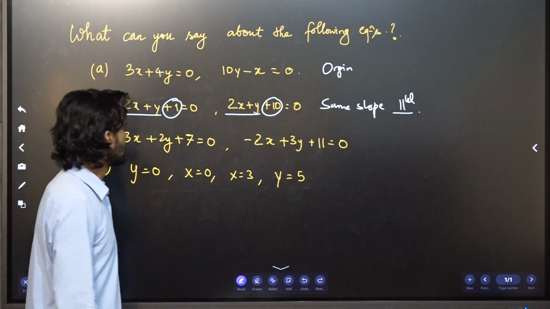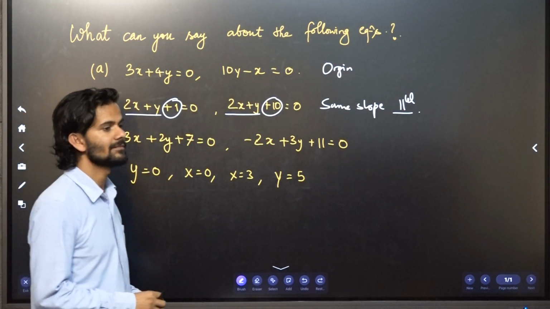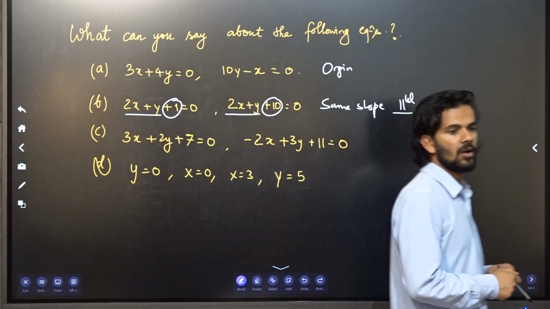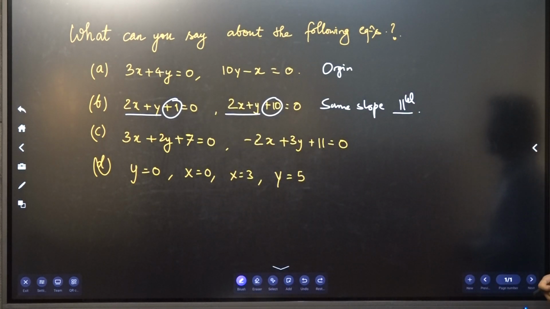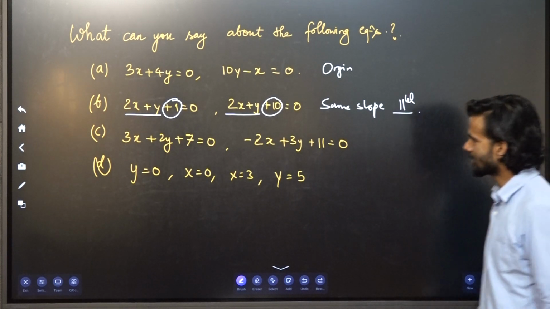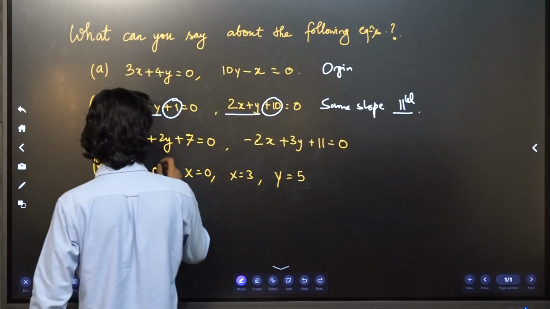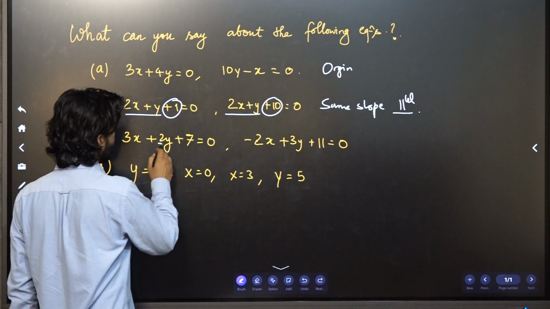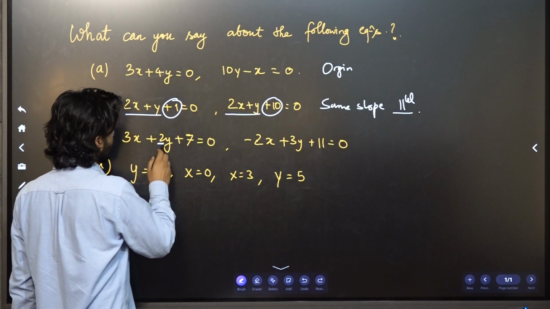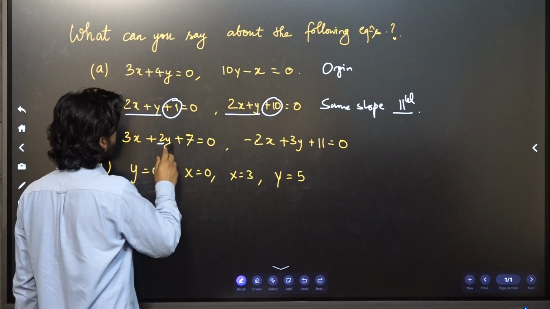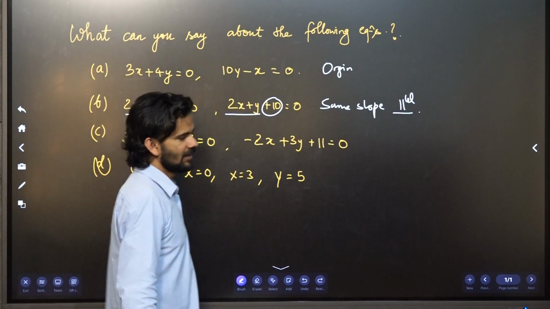What about C? They are perpendicular. Why are they perpendicular? The product of their slopes is minus 1. Why is it minus 1? What is slope? Slope is minus 3 by 2. So this one is minus 3 by 2. This one is 2 by 3.